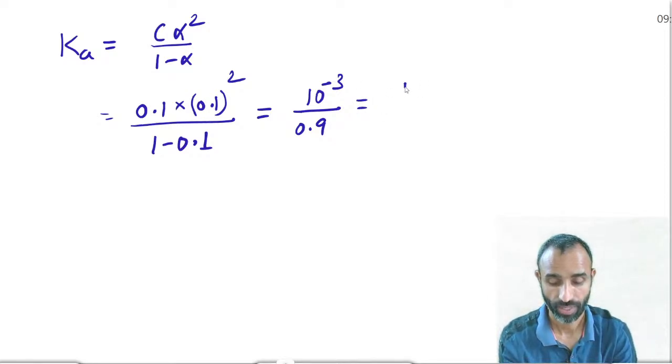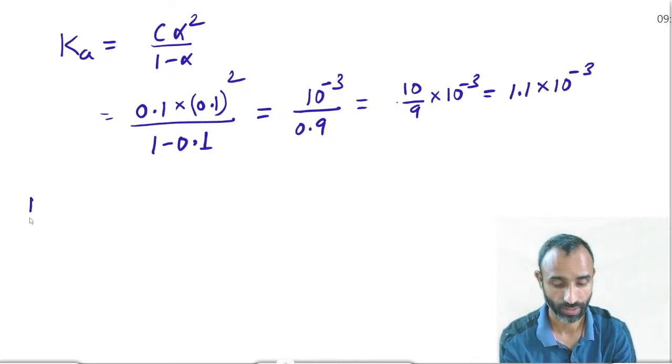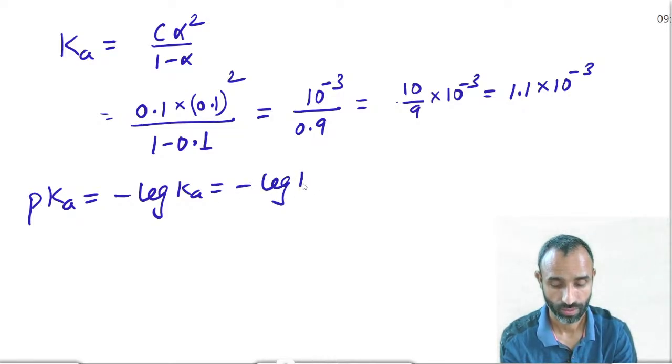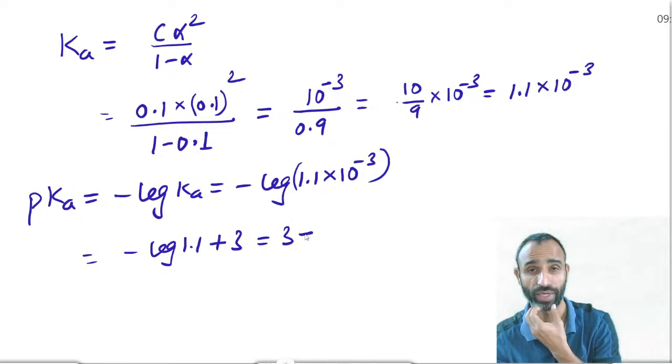So that implies it is 10 upon 9 into 10 raised to power minus 3, so almost 1.1 into 10 raised to power minus 3. So pKa equal to minus log of Ka, that is minus log of 1.1 into 10 raised to power minus 3. So it is minus log of 1.1 plus 3. So 3 minus log 1.1.